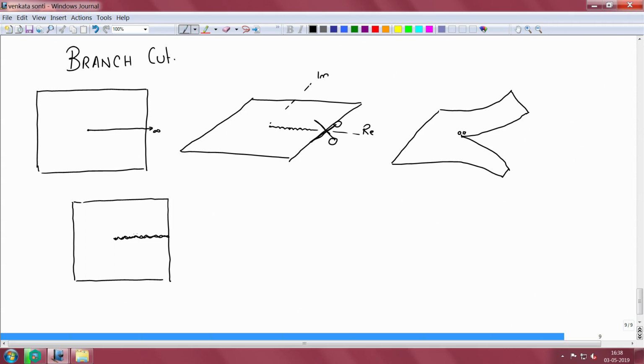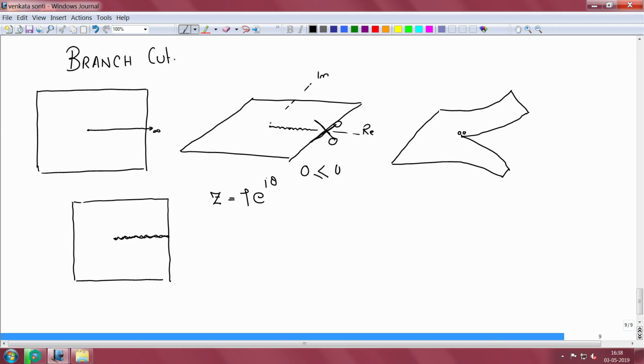Now if I represent my z as rho e to the power of i theta, and theta goes from 0 to twice pi. Okay.